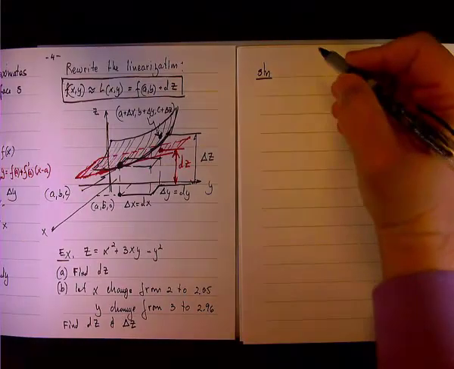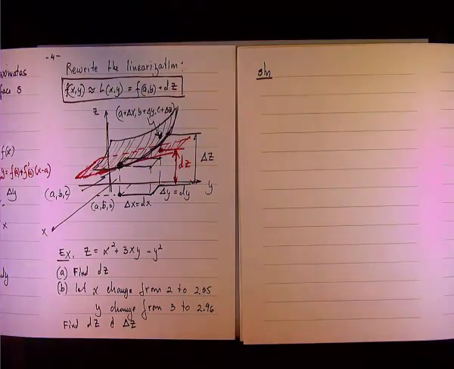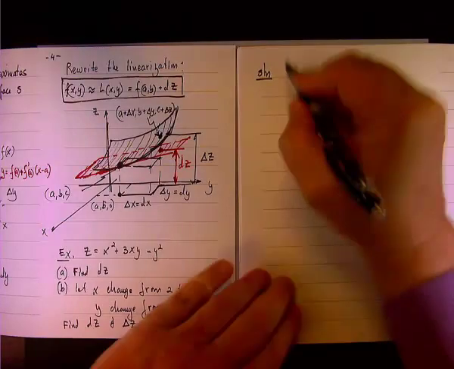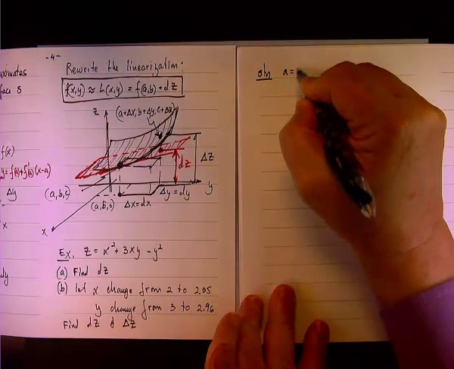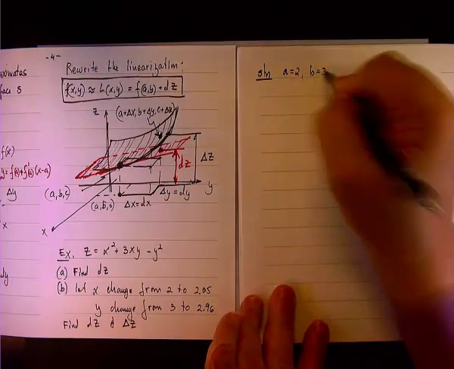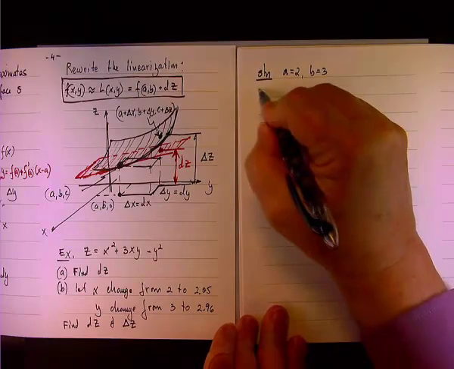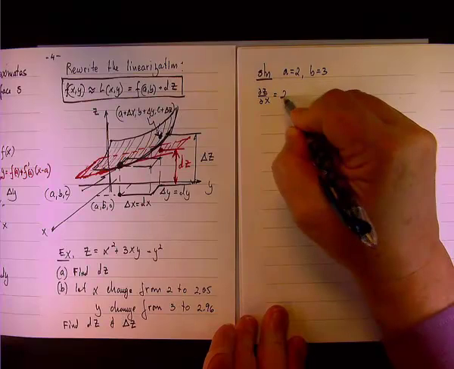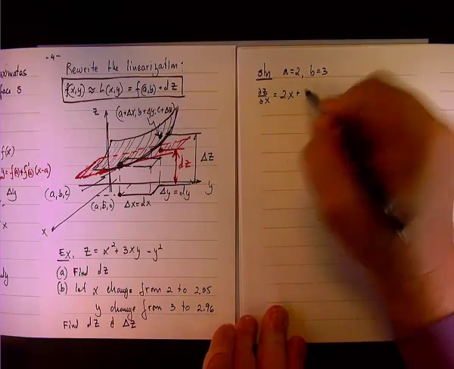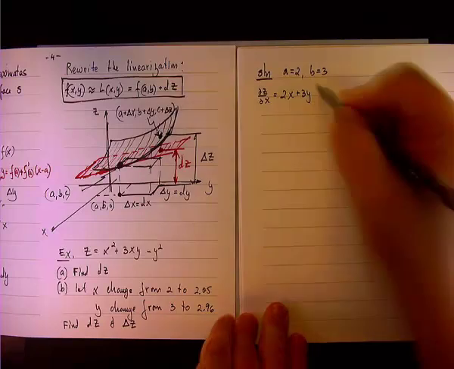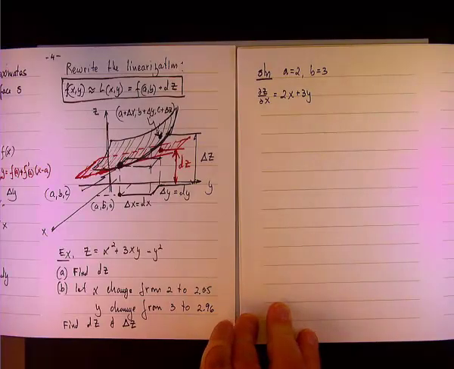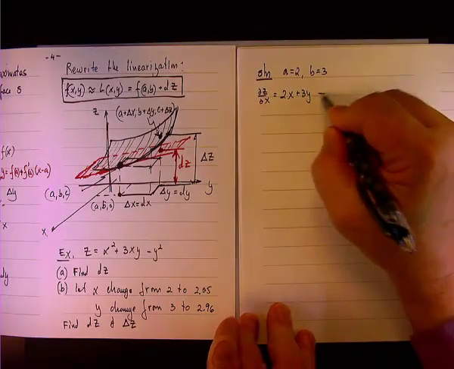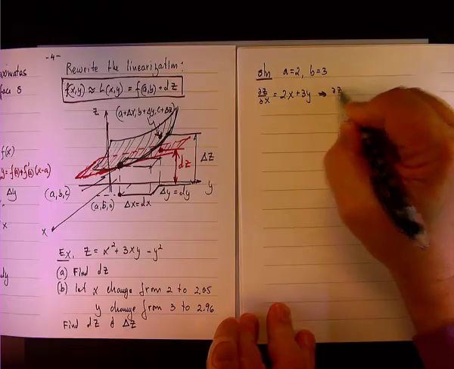So let's solve this. Okay, the solution, first of all, we can see that we can go with a equals 2 and b equals 3. Okay, and now del z del x will be 2x plus 3y.